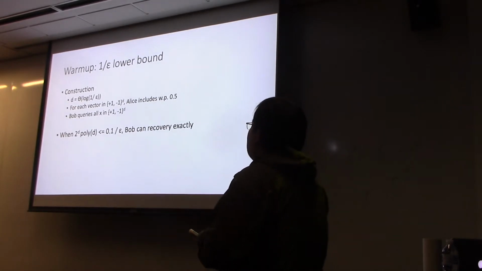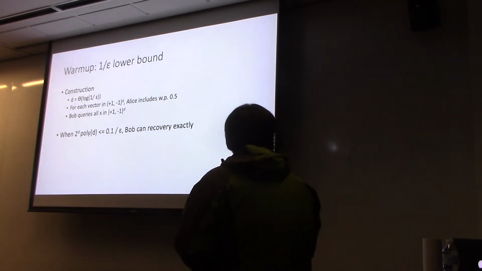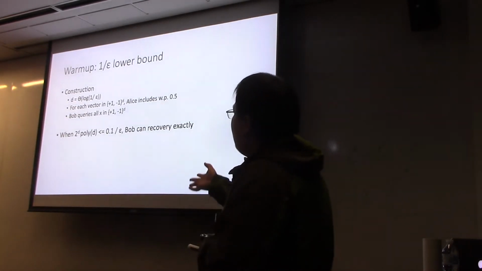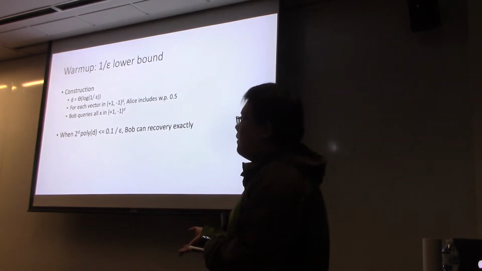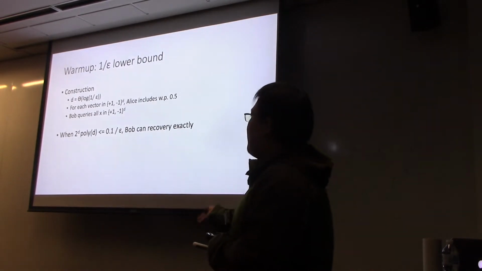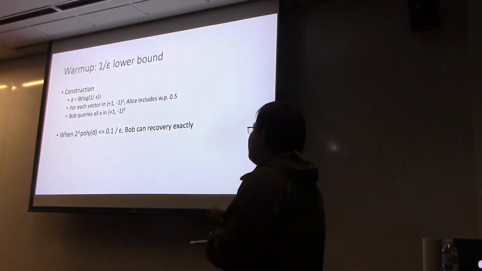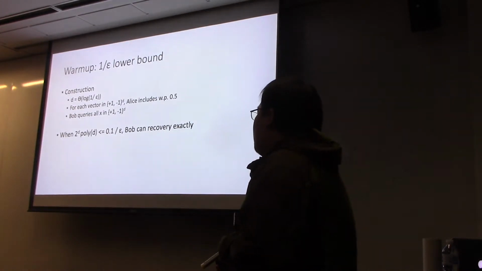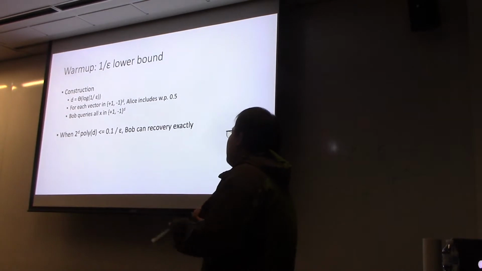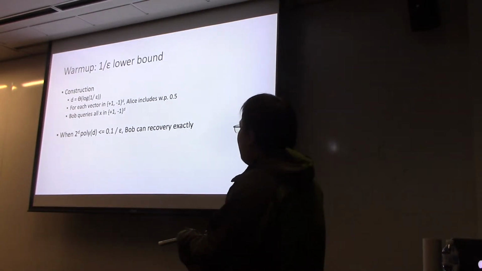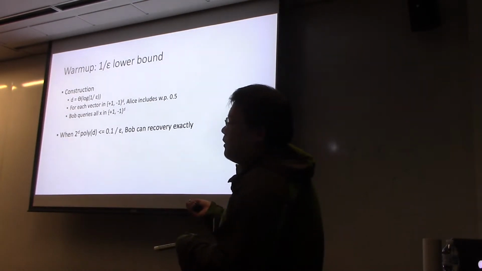The reason is that this A matrix has size 2 to the d by d, and each inner product is bounded by poly d because all the entries are these signs. So actually, the largest L1 norm that is possible is 2 to the d times poly d.